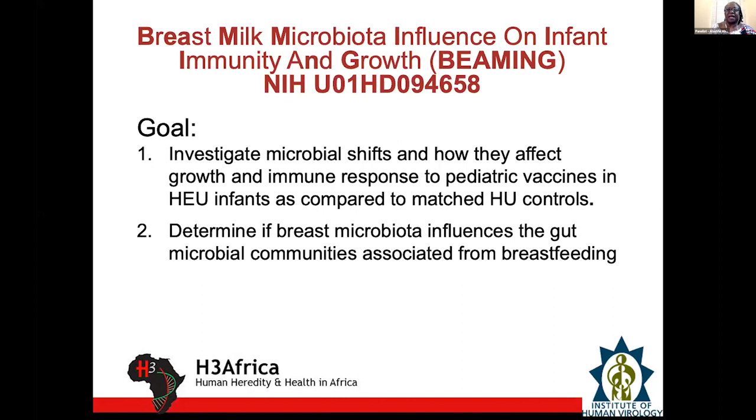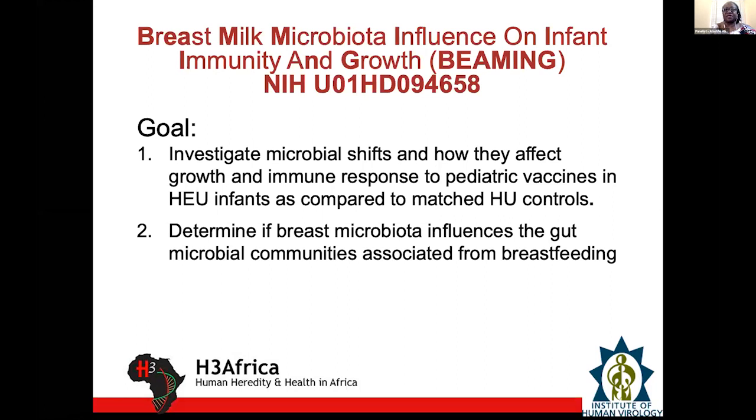So basically, we had HIV-infected mothers as a birth cohort in Nigeria and in South Africa, and we collaboratively looked at these two populations. With this funding, what we were able to do to add to our earlier work is to investigate the microbial shifts and how they affect the growth patterns that we are seeing in HIV-exposed but uninfected infants compared to their normal controls.